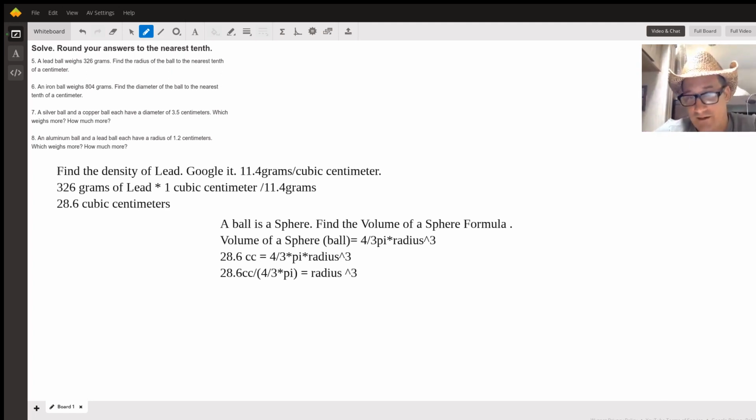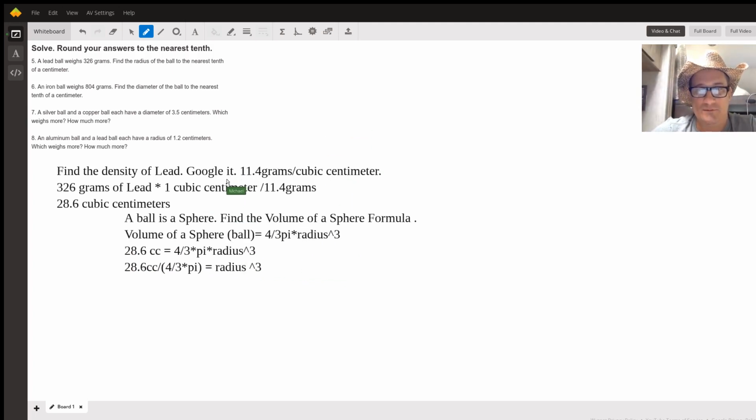So to find radius now, we simply have to, I'll show you what we have to do. Not really happy about Wyzant's platform here, but what are you gonna do? You have to excuse me. I'm an old cowboy.